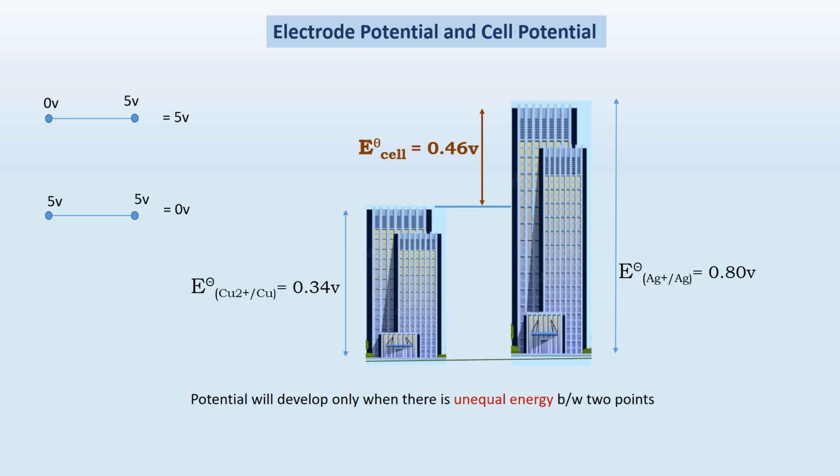So these have two different potentials, and when you connect the cell, the potential difference is higher potential minus lower potential, that is 0.8 minus 0.34, which I have shown as 0.46 volt. That is the difference in the height of the buildings, the energy difference. Energy difference is the potential developed in the cell.